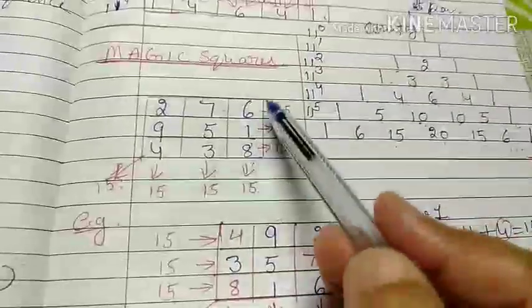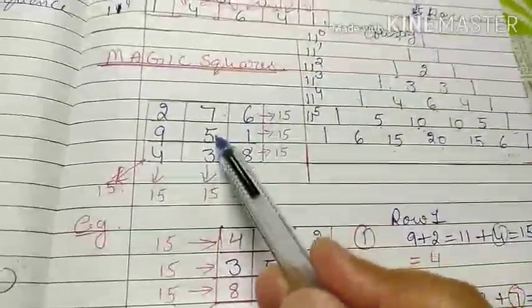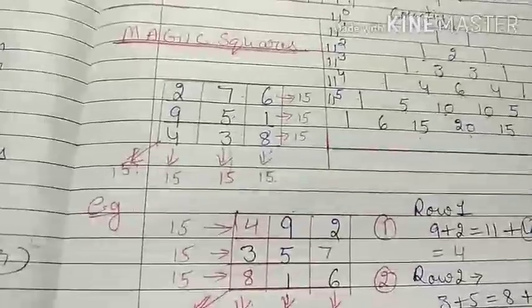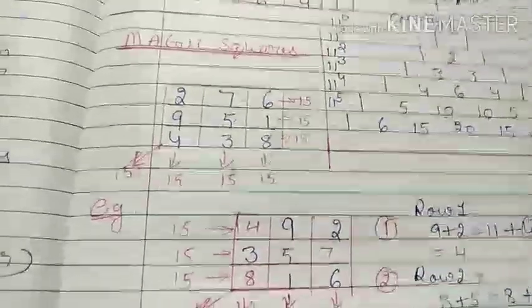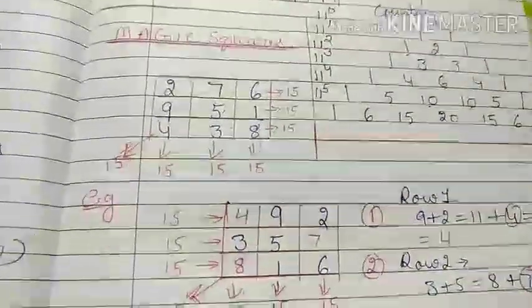Row-wise the total is 15. When you check column-wise, the total is 15, and when you check diagonally, 6 plus 5 is 11, plus 4 is 15. All the diagonals, every particular row, and every column have the same sum.